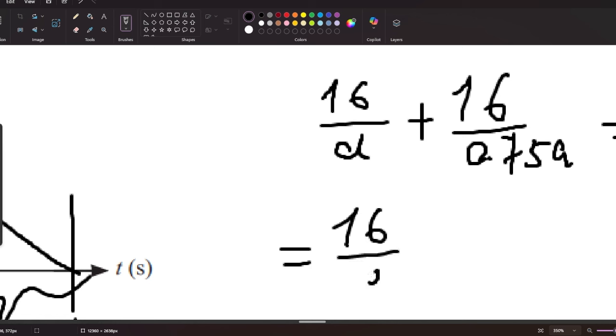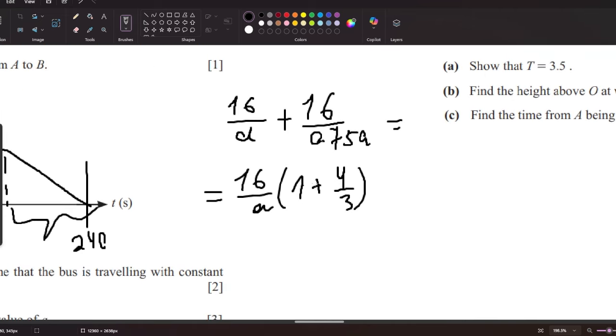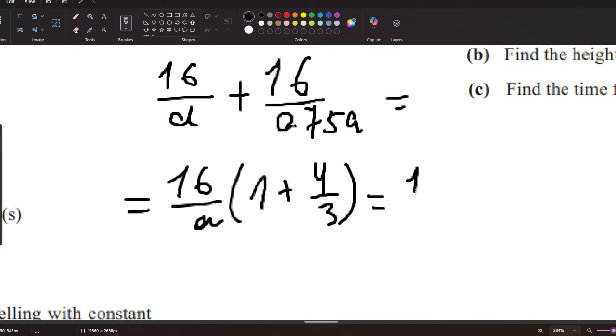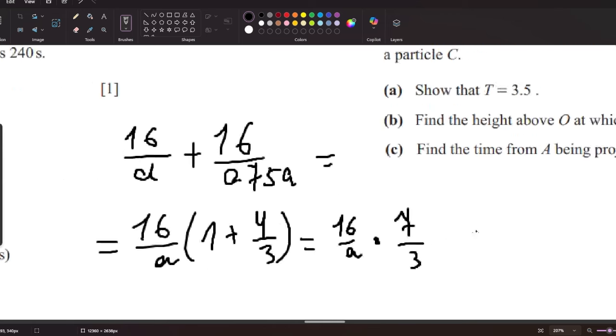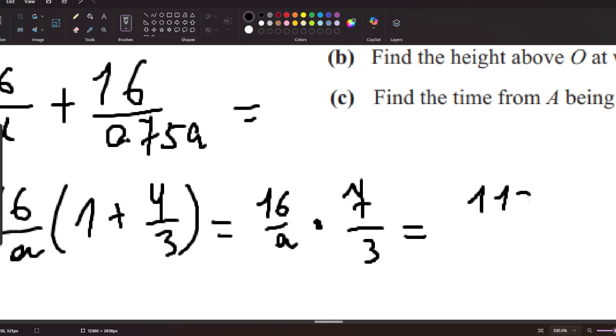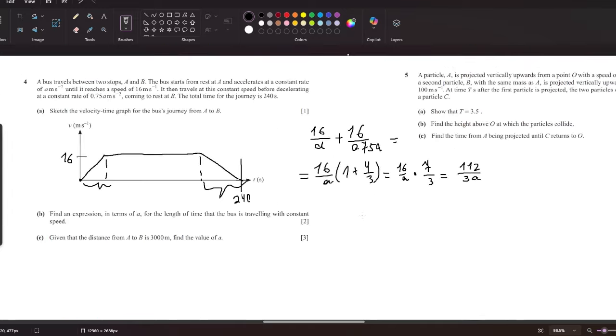So 16 over A times 1 plus 4 over 3, which is equal to 16 over A times 7 over 3. So 112 over 3A. That can be this interval.